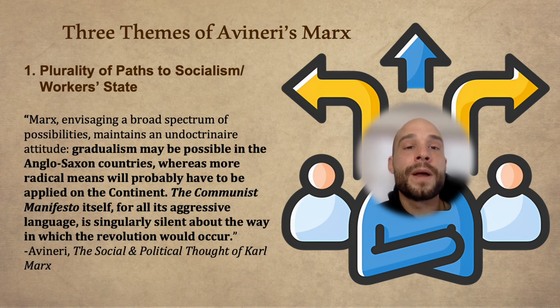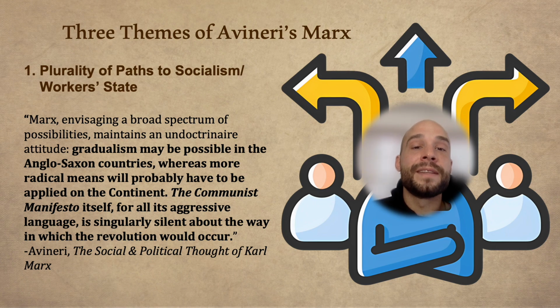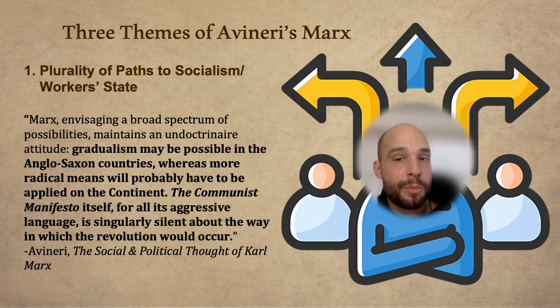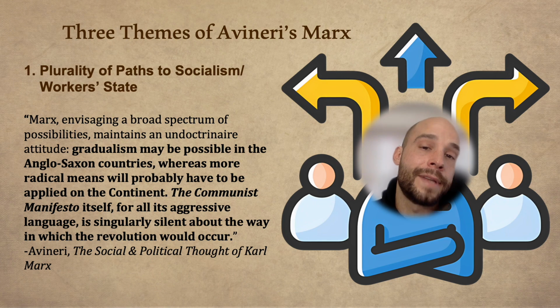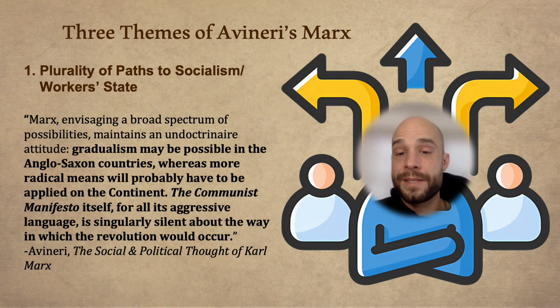What matters is whether class power is dismantled, whether institutions are transformed, and whether universal suffrage is deepened to the point where state and society begin to merge. All this will become clear later in this lesson. In short, Avineri's Marx leaves the question of how open, because history, not theory alone, has the final say. And this brings us directly to our next theme, Avineri's non-determinism.